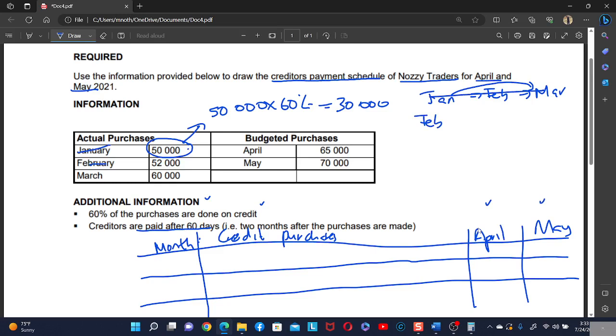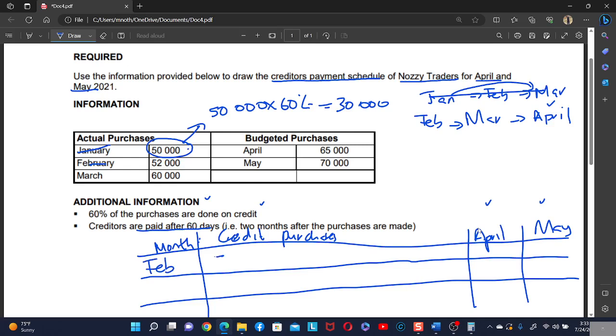The credit purchases that are done in February will be paid in April, because creditors are paid after 60 days, 2 months after the purchases are made. 2 months after February is April.